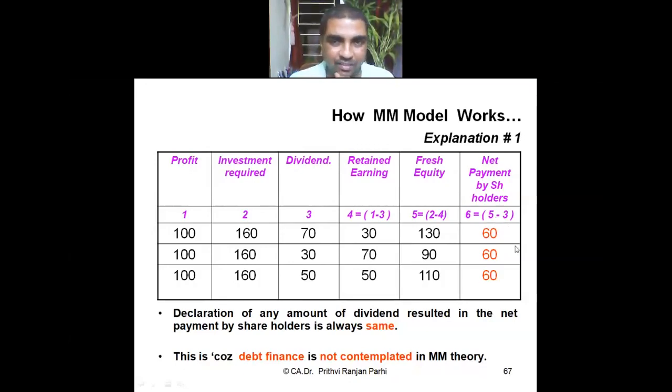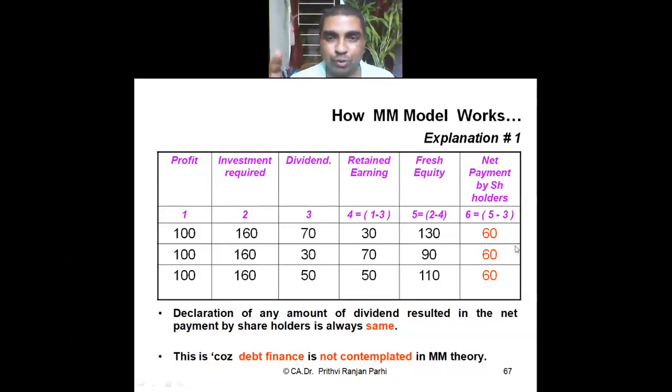Are you understanding? Do you have any query? Now don't distinguish between new shareholders and old shareholders, and do not think that the dividends are given to the old shareholders and fresh equity is collected for new shareholders. The fact is that that is equity.